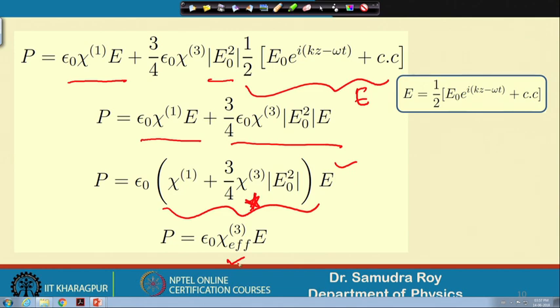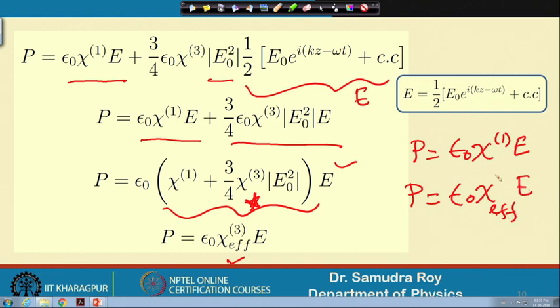So, normally we have polarization equal to epsilon 0 chi 1 E, but after doing this process, now introducing this nonlinear polarization, I have chi effective E. The expression looks pretty much the same, in both the cases it is proportional to the electric field, but here inside this expression we just need to replace this chi 1 with chi effective, where chi effective is related to chi 1 as chi effective is equal to chi 1 plus something, which I write as epsilon.